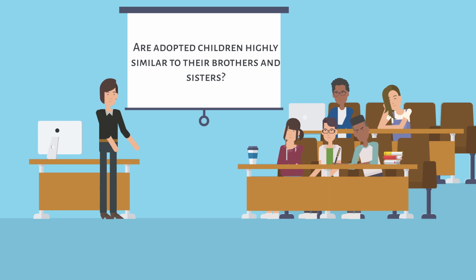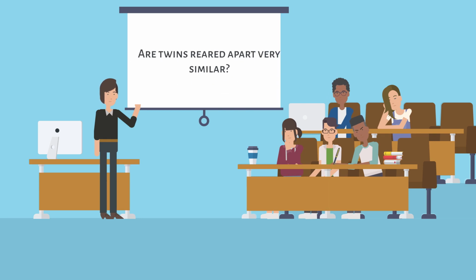The most exotic case, and of course this is very rare, is twins raised apart. If identical twins are raised apart and they are as entirely dissimilar as any two strangers, this suggests that with regard to what you're looking at, there is no effect of genes. On the other hand, if they are highly similar, there is a high effect of genes.